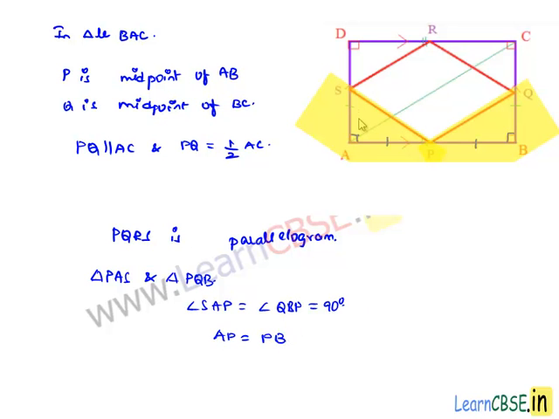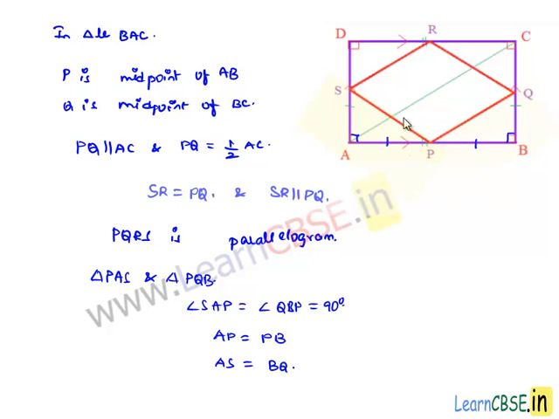Now, as ABCD is a rectangle, AD is equal to BC, and as S is midpoint of AD and Q is midpoint of BC, we can say here AS is equal to BQ.